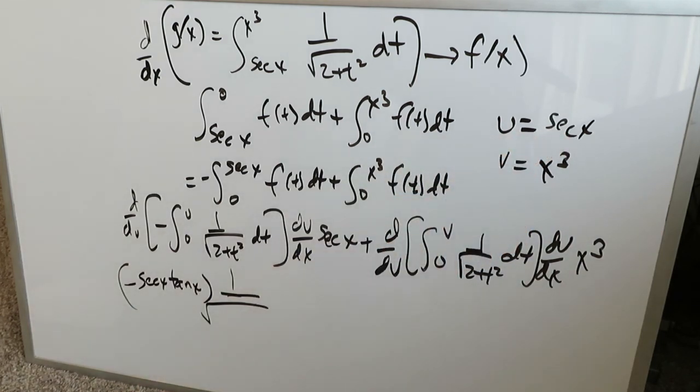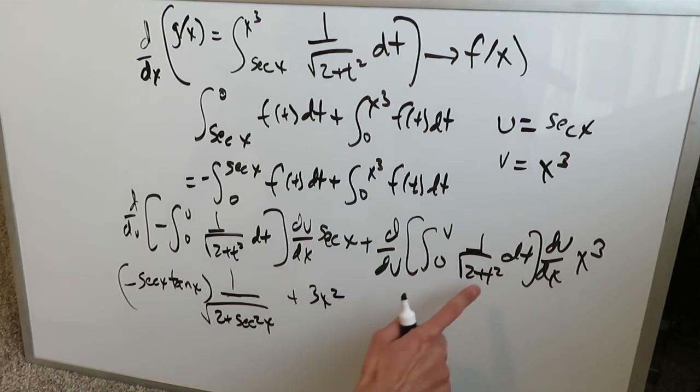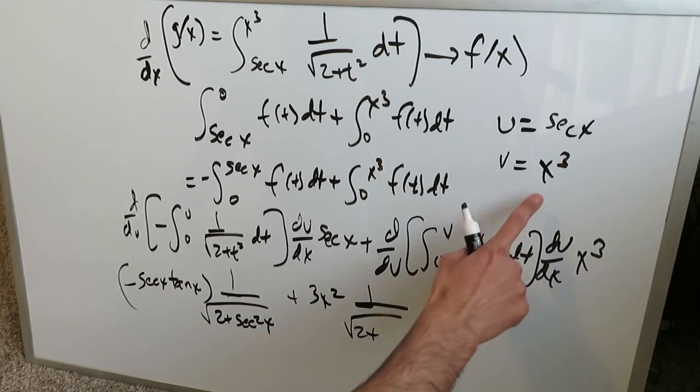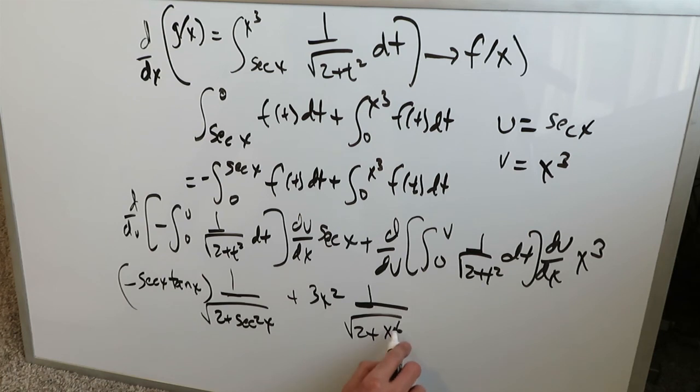u is equal to secant x, we'll get 1 over square root of 2 plus secant squared x. And then over here, the derivative of x cubed is 3x squared, and over here we'll get 1 over square root of 2 plus t squared, which is x cubed squared, which is x to the 6th.